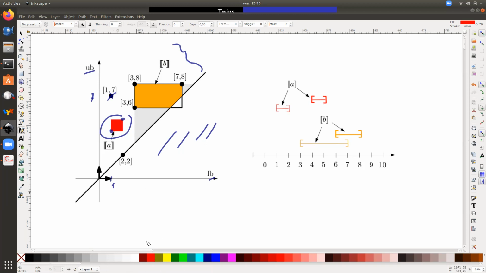So A, this one, can be represented as a lower bound inside this interval and upper bound inside this interval, and it is what I represent here. So if I take this interval like this, if I call it A, I can say that A, this classical interval, belongs to the thick interval A. Okay.